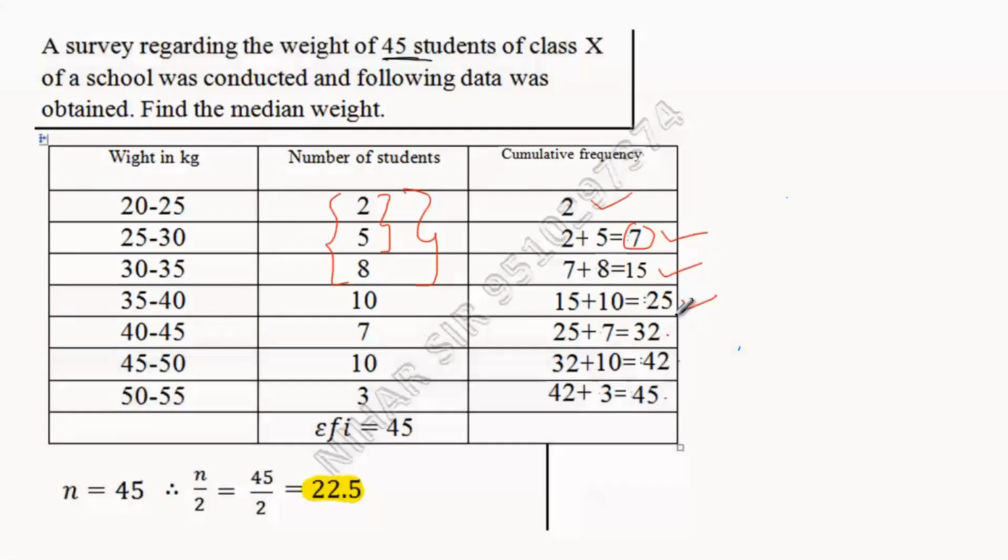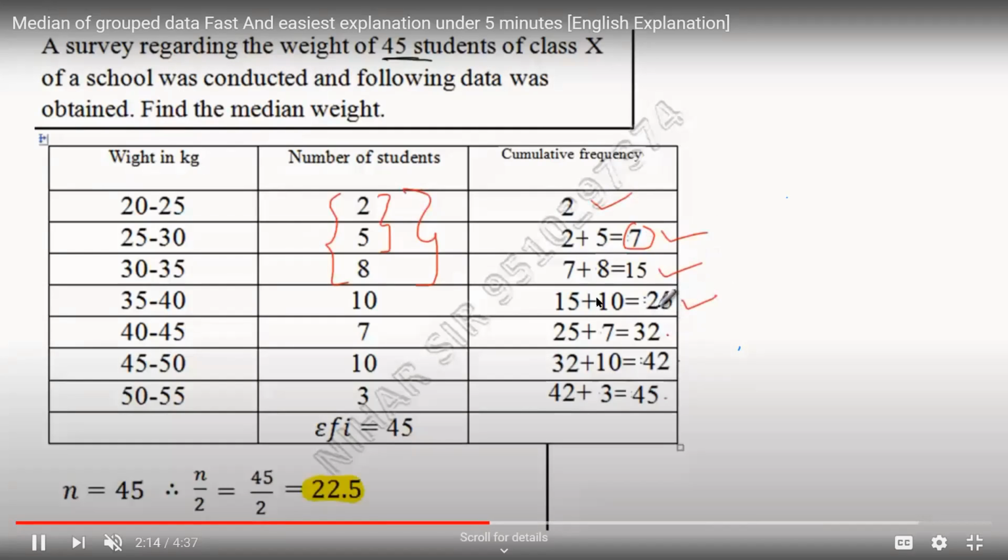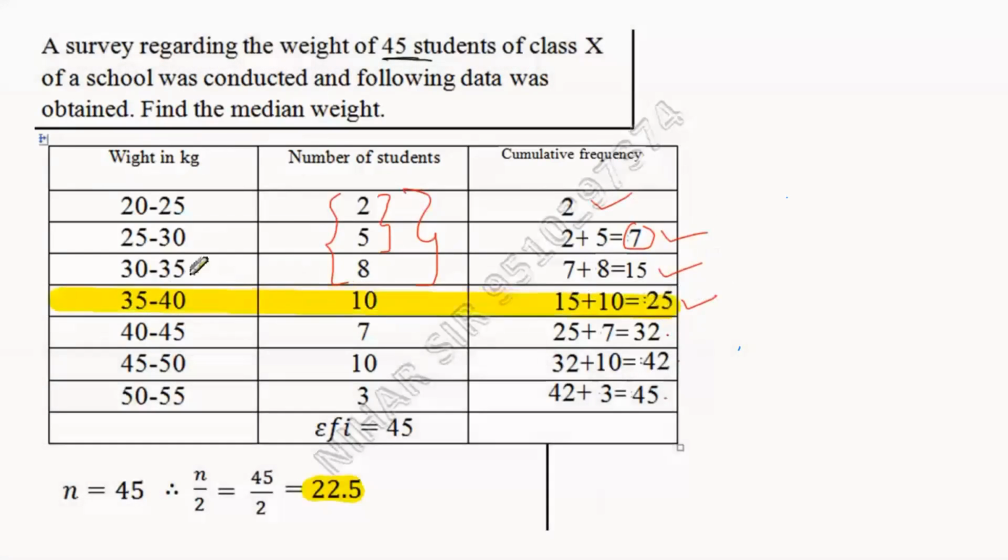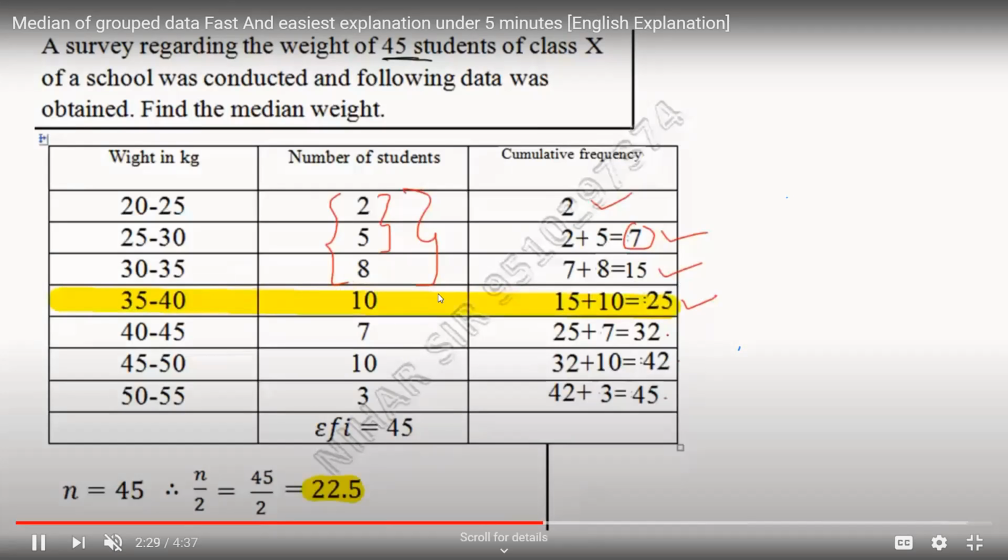So the item number 22 or 23 must be covered in the class 35 to 40, because 15 is less than 22 and 25 is greater than 22. So the 22nd item must be covered in this class. So this is our median group.